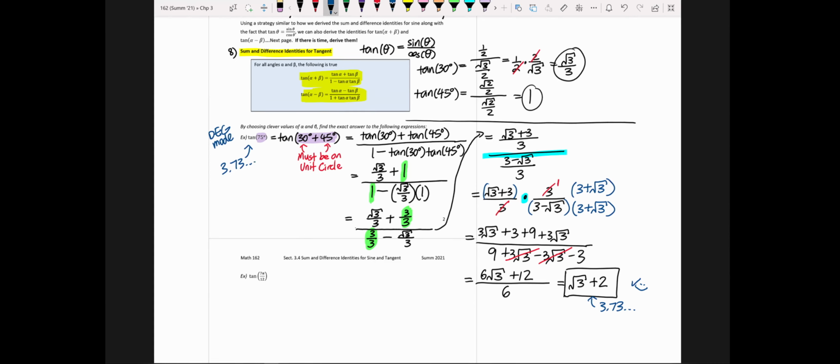So we used our unit circle knowledge to evaluate and our algebra skills to simplify. Always check that you have rationalized the denominator, meaning that your answer should not have a square root in the denominator. Because if the square root is in the denominator, that means you haven't finished the division step.